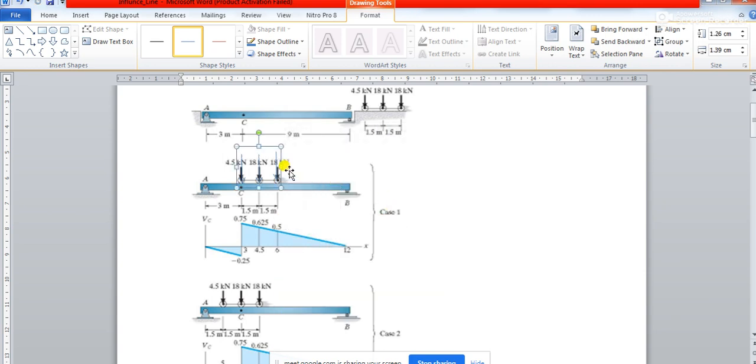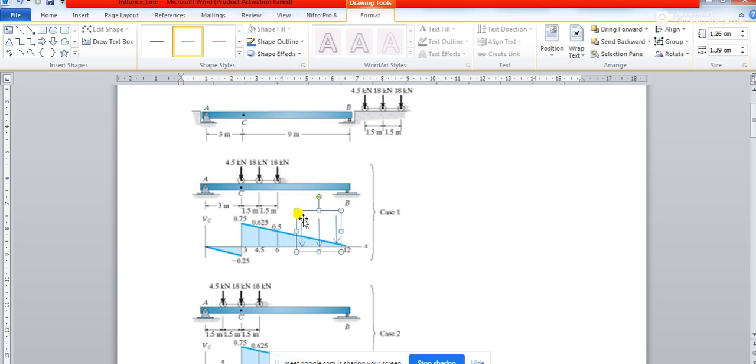So you see, when these 3 loads are moving, how will it move? It will first come over here, and then this load will gradually move. When these loads are gradually moving, you see what is happening.